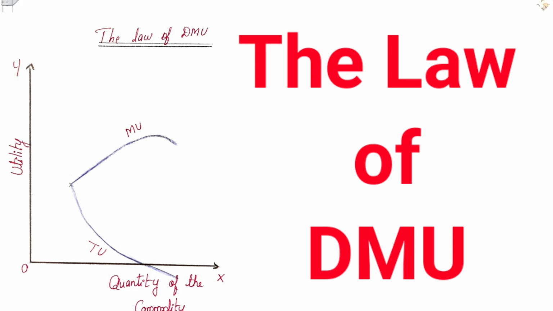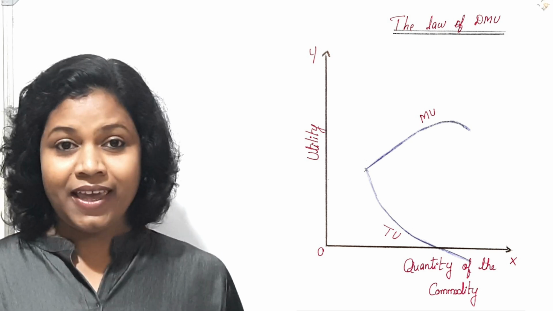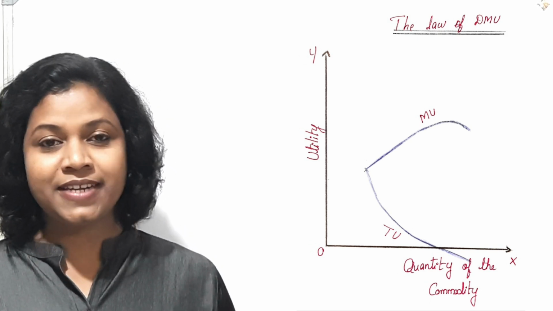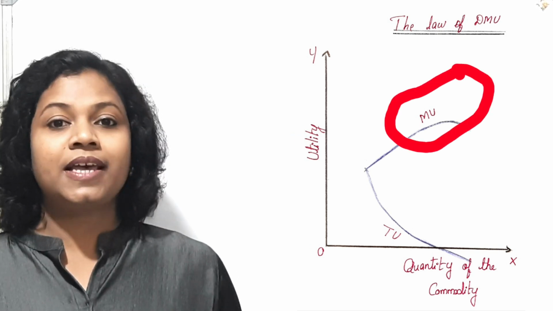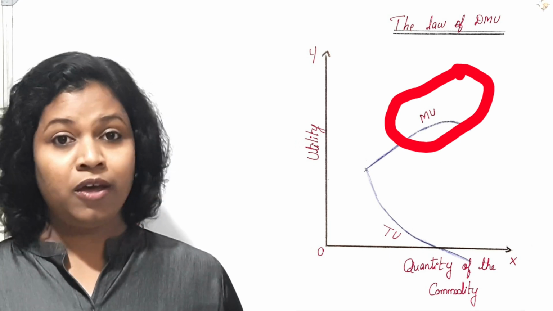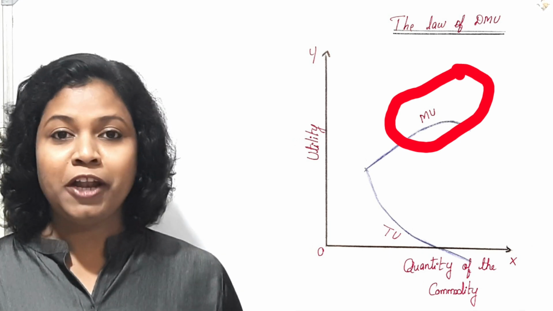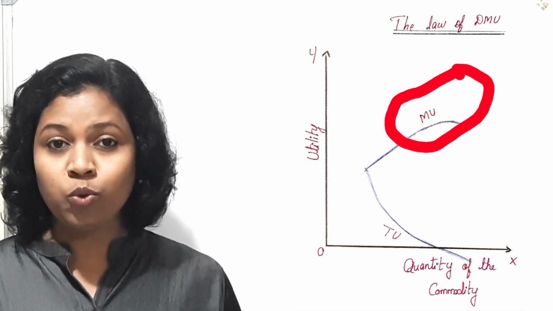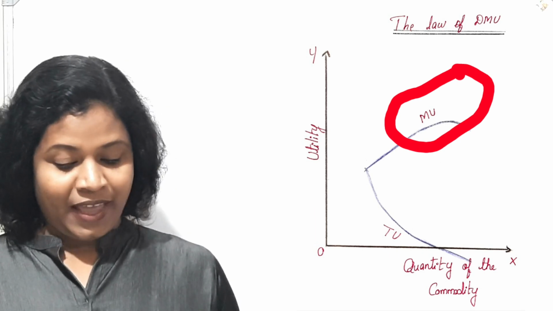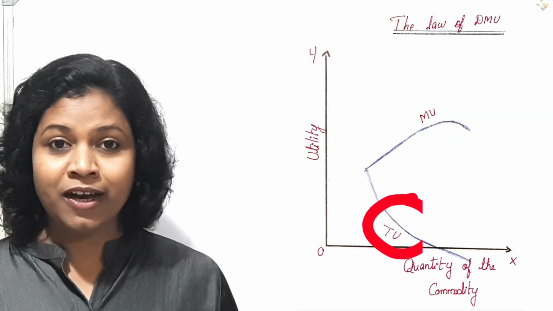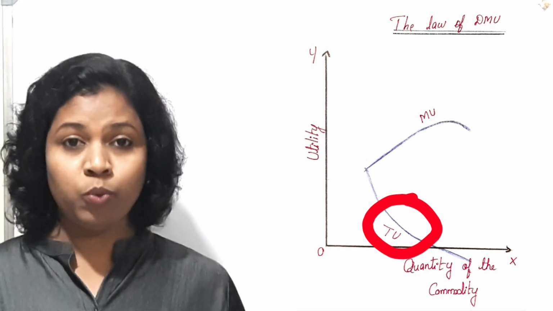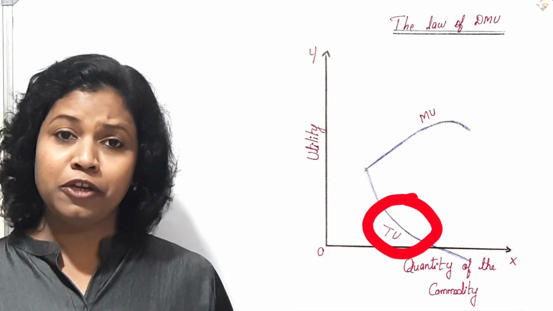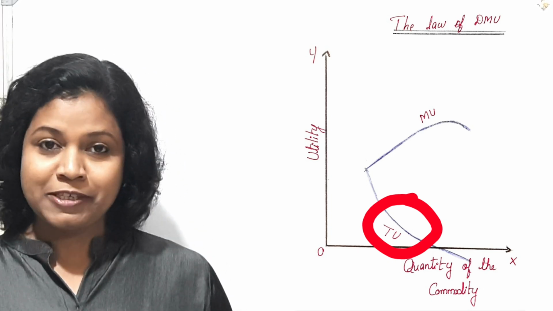How many mistakes are there in this particular diagram? See the MU, marginal utility. Here it shows that it's an upward sloping curve, which is wrong. Marginal utility curve is a downward sloping curve. And see the total utility curve, it shows that it is a downward sloping curve and it is going negative also, which is wrong.